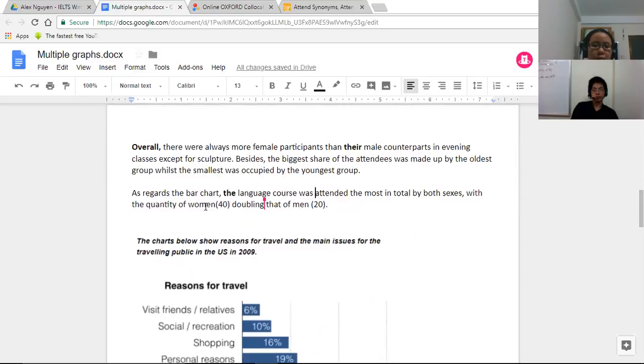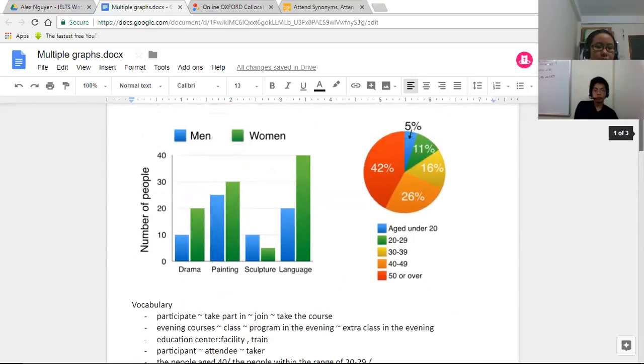With the quantity of women, 40, doubling that of men, 20. Remember, we cannot use the verb double here because it's not a full sentence. Okay, so that's the first one about the language course.